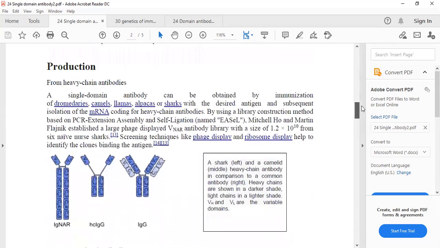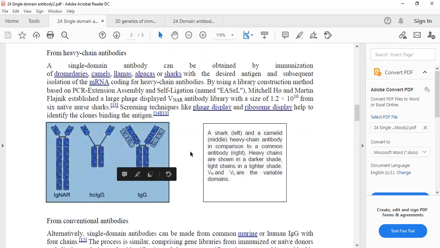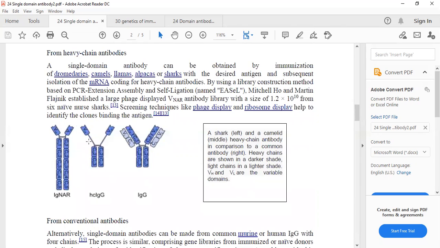Now how can these be produced? These heavy domain antibodies are produced by isolating the heavy chain. First, the heavy chain will be isolated from any kind of antibody, and this heavy chain part will be used for the construction of a complete antibody.